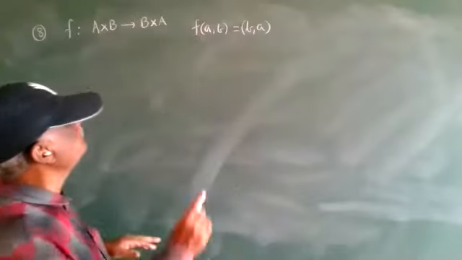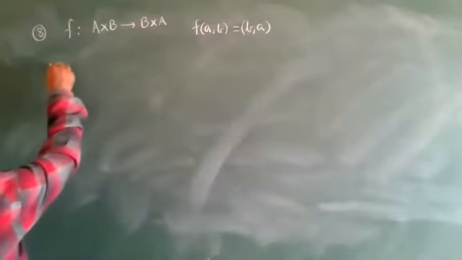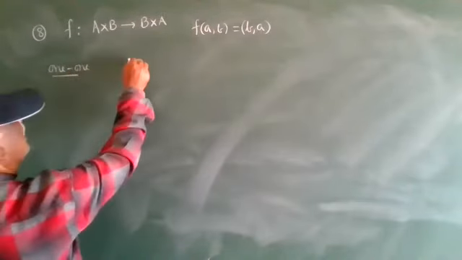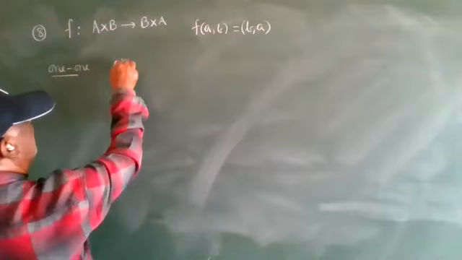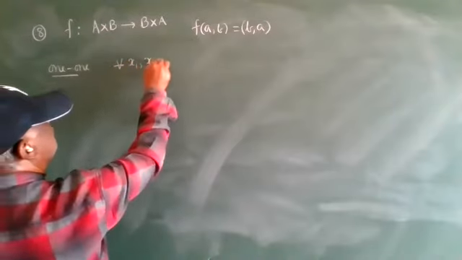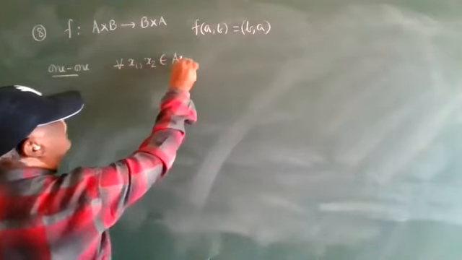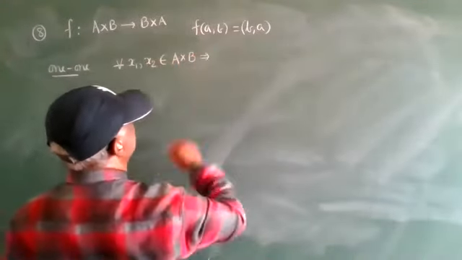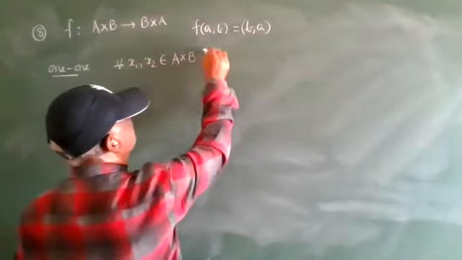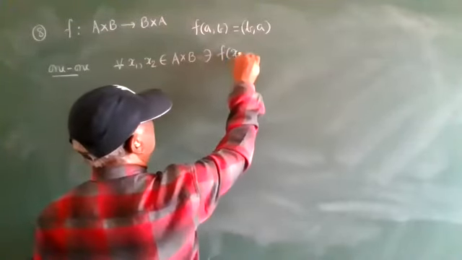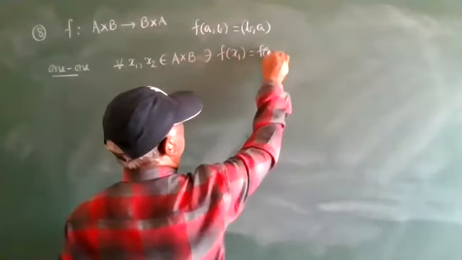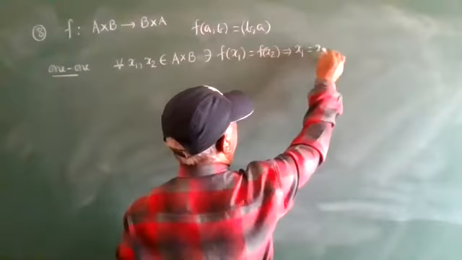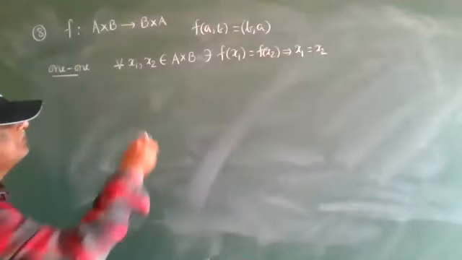Right. First I will write the one-one function. For all x1 comma x2 belonging to A cross B, such that f of x1 is equal to f of x2, we have to show that x1 is equal to x2. Everyone observe.